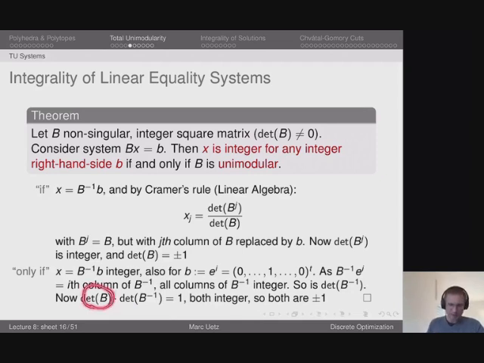Since B is an integer matrix, the determinant of B is also an integer value, so the product of two integers should be 1. That can only be the case if both are plus 1 or minus 1. So we have proved that the solution to such an equality system is integer valued for any right-hand side b if and only if this matrix B is unimodular.